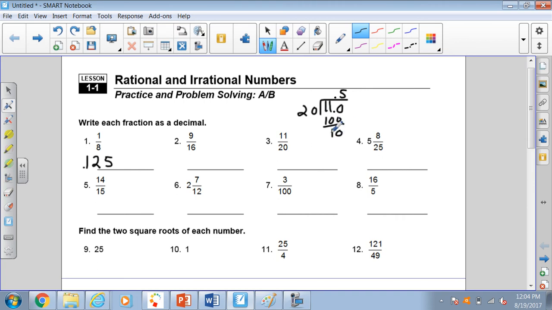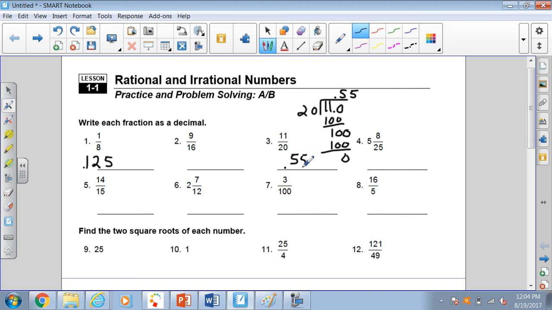Now, can 20 go into 10? No, so I have to put another 0, but 20 can go into 100. Goes into it 5 times, right? And if I put it into it 5 times, that means I have 100 minus 100, and my division is over with again. My answer is going to be 0.55.